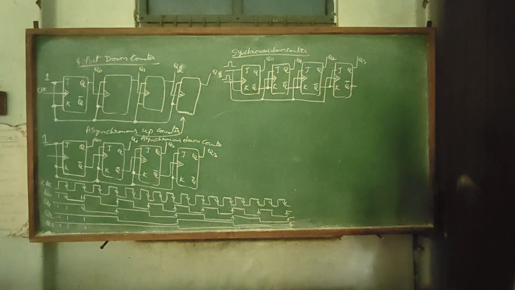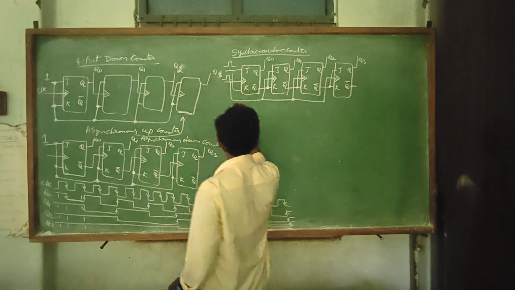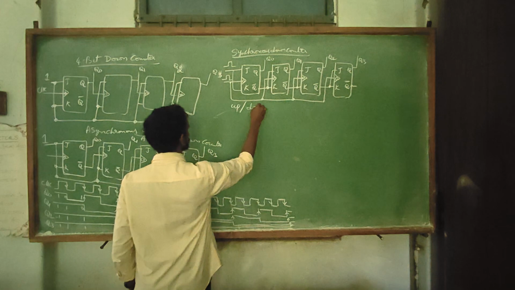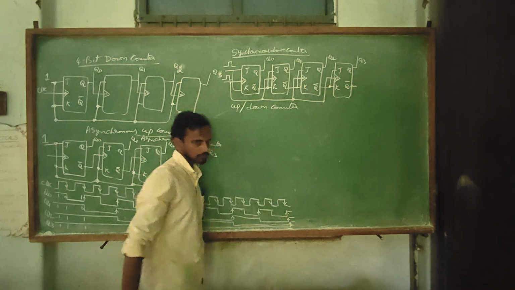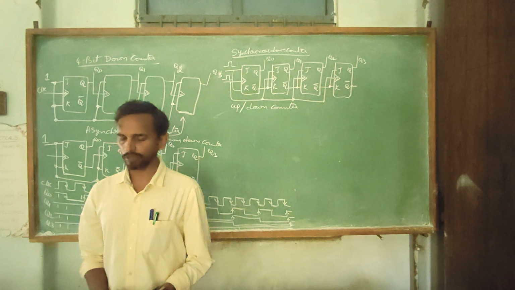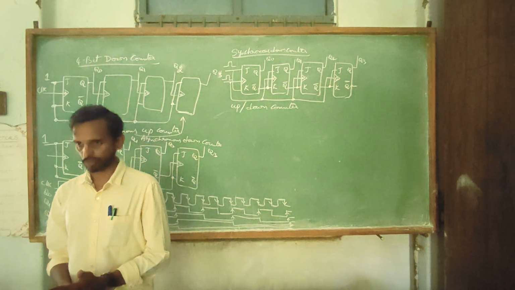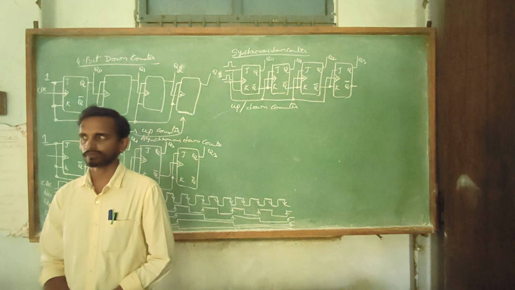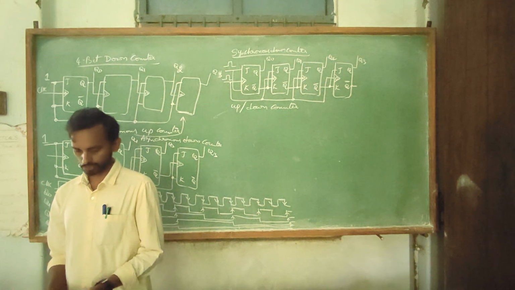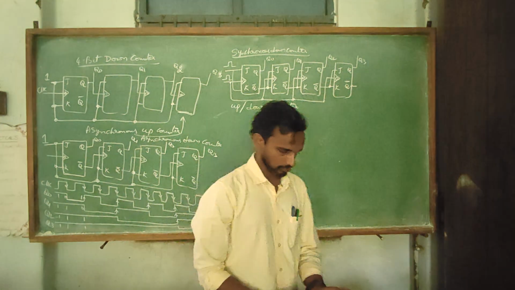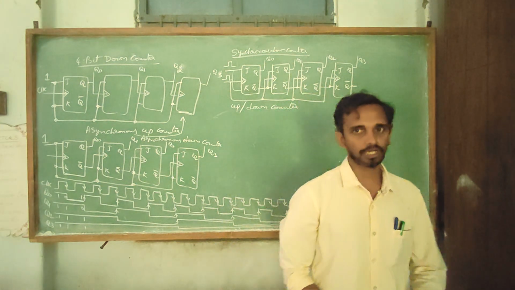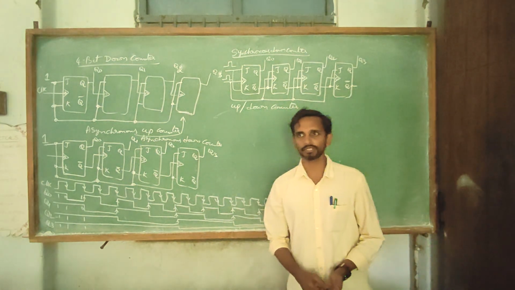Next one is the up down counter. The same counter has to perform the operations of both counting up and counting down. So we have to choose when to give a trigger for the up counter and when to give a trigger for the down counter.